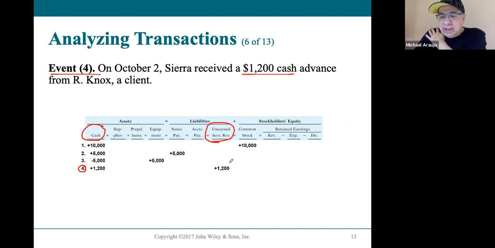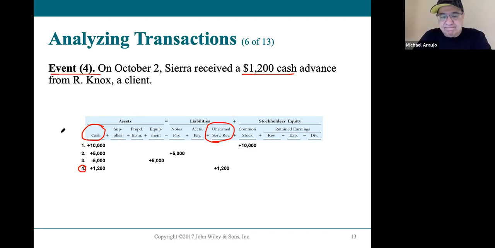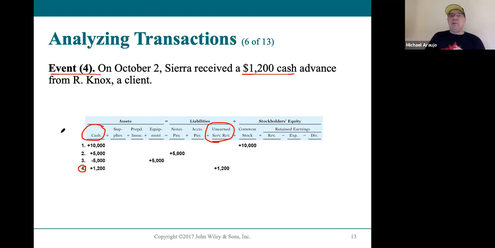Megan, how about you giving this a shot? Tell me how the cash account is affected and how the unearned service revenue account is affected by using that debit credit analysis that we just learned. Give it a shot. Oh, okay, so we have a $1,200 debit in the cash balance, and then we have a $1,200 credit in our liabilities, specifically unearned service revenue.